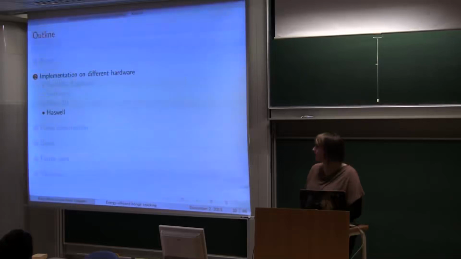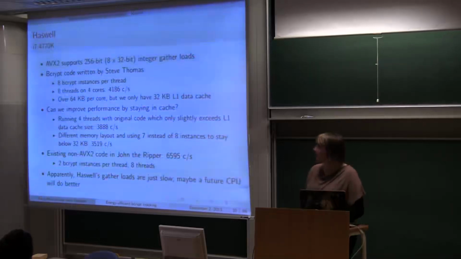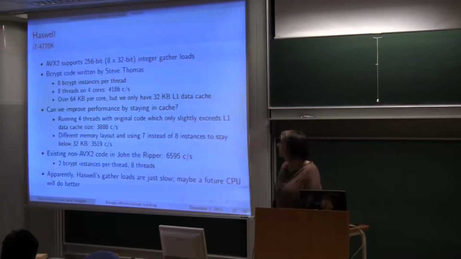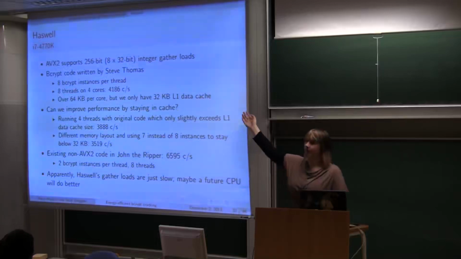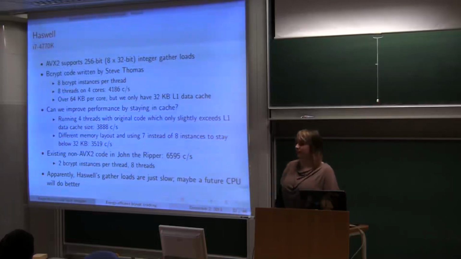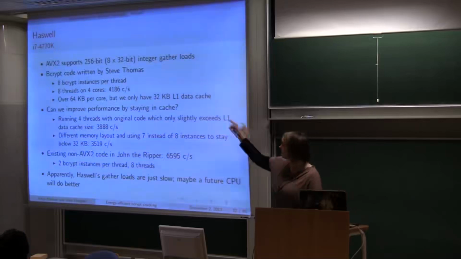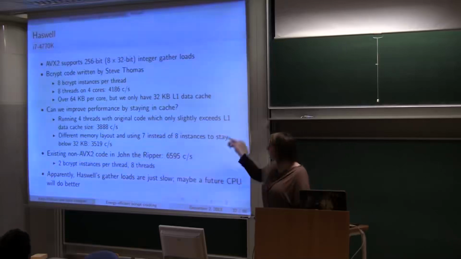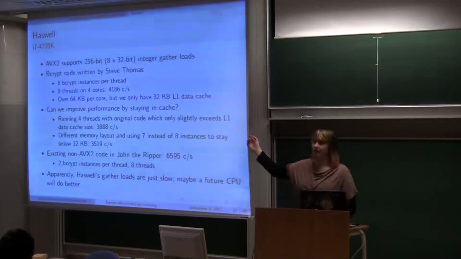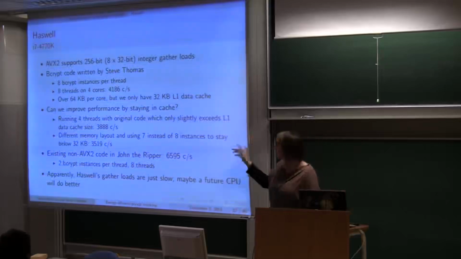So we also tried Haswell with its AVX2 intrinsics. The first code was written by Steve Thomas with the following performance, but it was exceeding the data cache size, because it was using 8 instances per core, which is more than 32 kilobytes. So we tried to stay in cache and to reorganize the code.